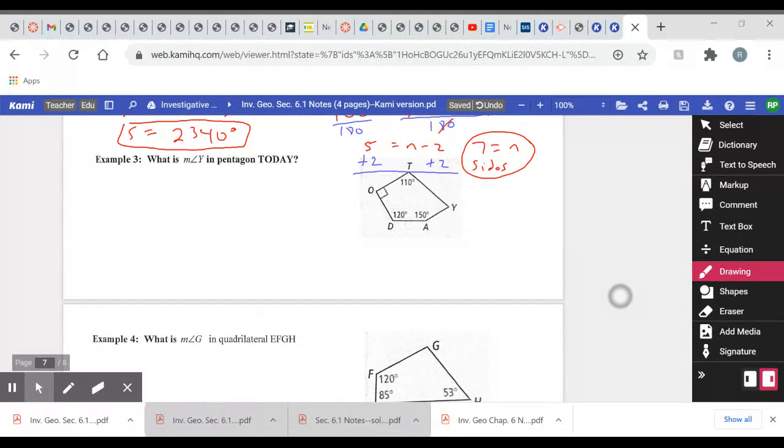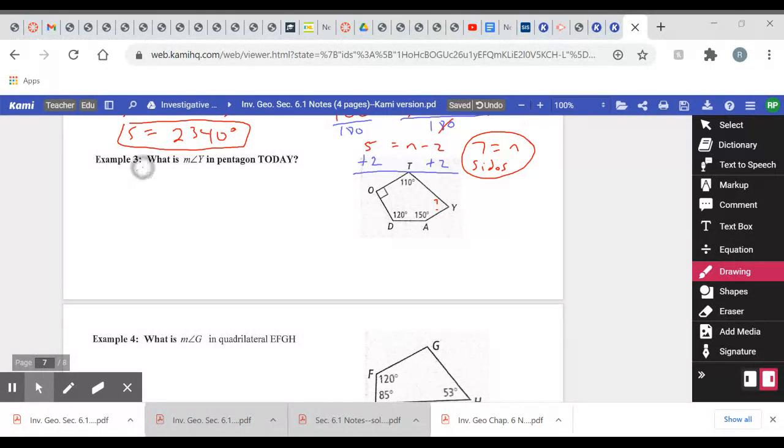All right, next says, example 3, what is the measure of angle y in the pentagon? So a pentagon is a 5-sided figure, and that's what this figure is. And they want me to figure out what this angle y is, which is right here. That's our question mark.